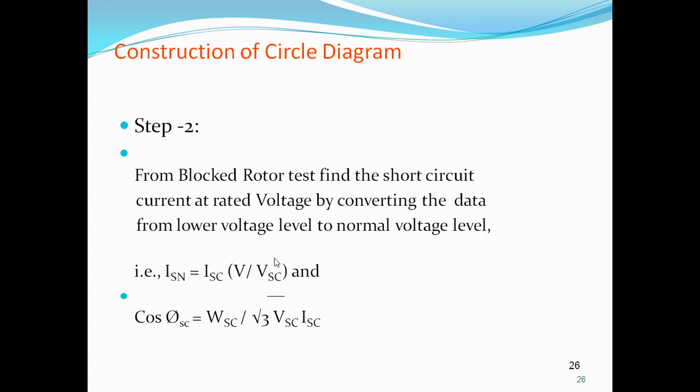So cos phi SC is equal to WSC by root 3 VSC into ISC. So you can calculate phi SC also. So we have to draw ISN at an angle of phi SC.